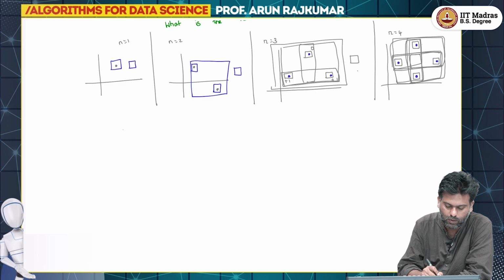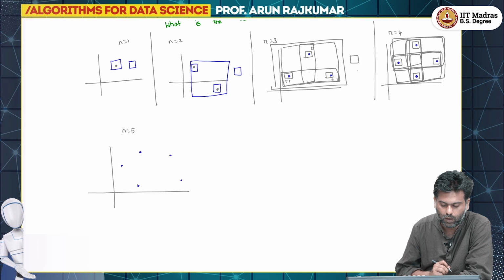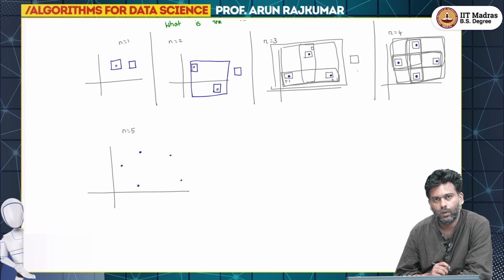Now let us look at n equals 5. Now n equals 5 is the interesting case where no matter how you pick 5 points, there is going to be one point which will be enclosed in the rectangle of the other points.